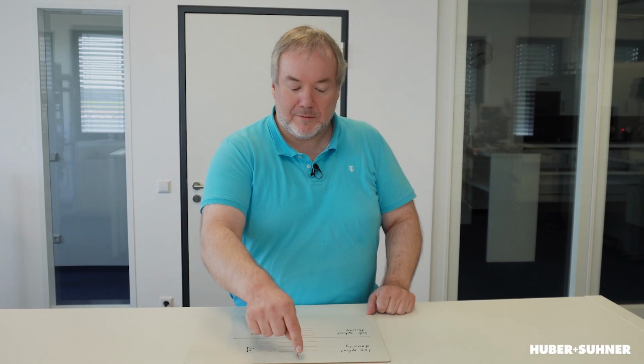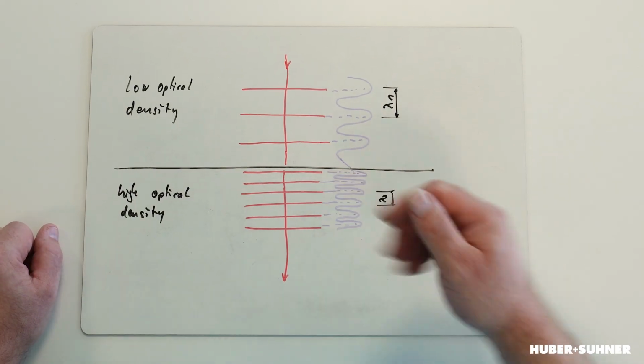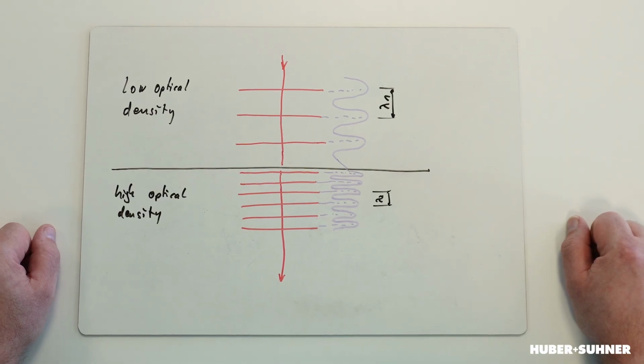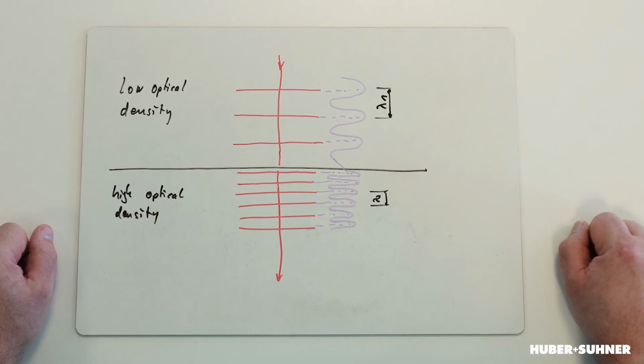And the light beam is going perpendicular to this surface. And what we can see is it continues in the second material, while the wavelength is changed. So in this case, the wavelength is getting shorter. It's due to the fact, as discussed before, that the speed of light is slowed down.